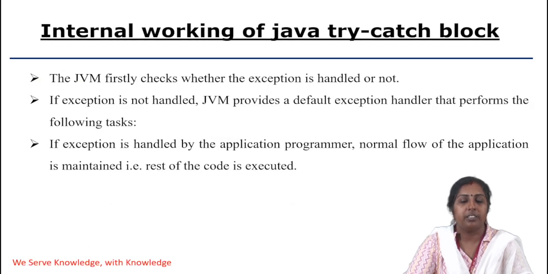First the JVM checks whether the exception is handled or not. If it is not handled properly, then the default exception handler provided by the JVM will do some tasks like printing the stack trace and then terminate the program. If the exception is correctly handled by the application programmer, then the normal flow of the application is maintained. That is, the rest of the statements written after that statement will be executed and the normal flow of execution will be continued.